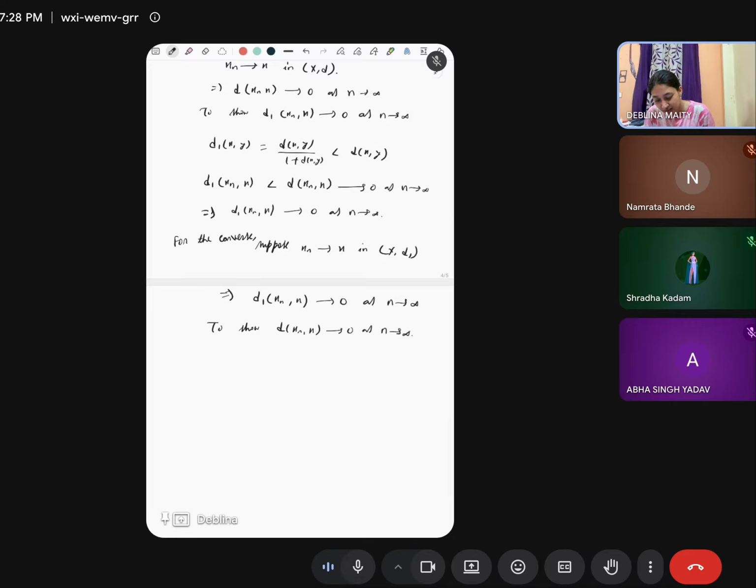R is the whole space. I am taking a sequence, not all the set of x. The set is the whole R. From R I am taking the sequence 1 by n. So does it converge in R by the metric d star?